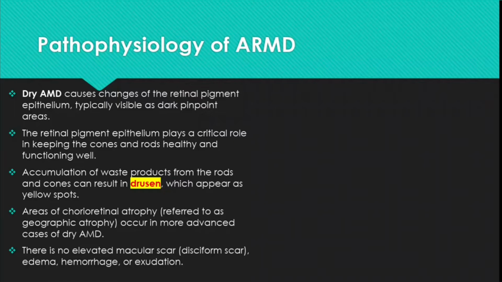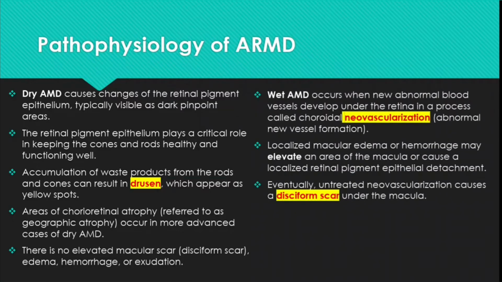As compared to wet AMD, wet AMD occurs when new abnormal blood vessels develop under the retina in a process called neovascularization. Localized macular edema or hemorrhage may elevate an area of the macula or cause a localized retinal pigment detachment. Right, so this is the disciform scar, right? That's the elevation which is absent in dry form but is present in the wet form.